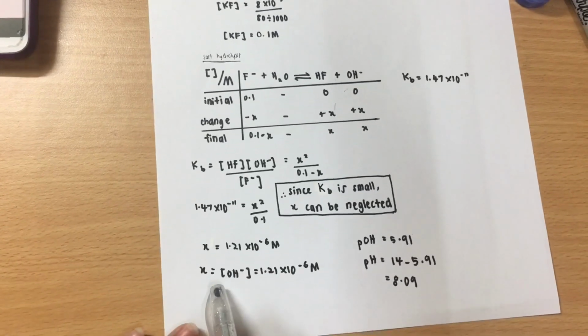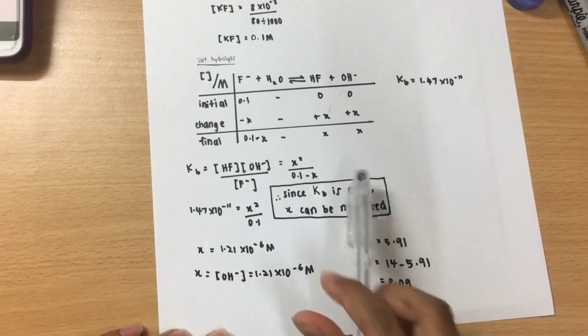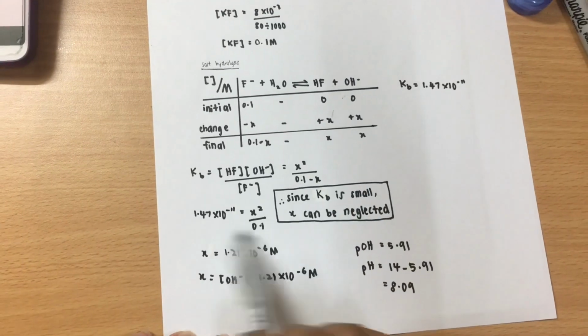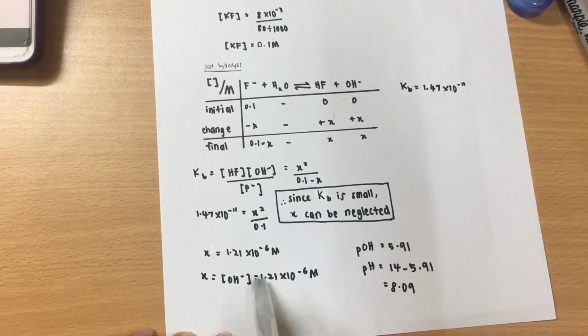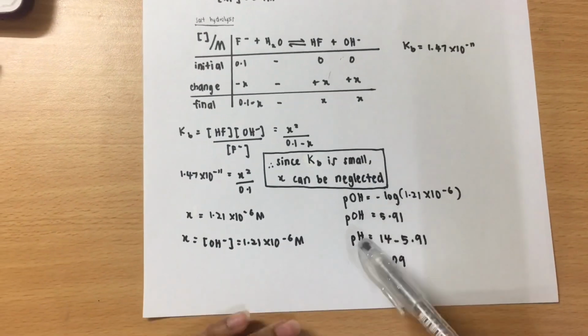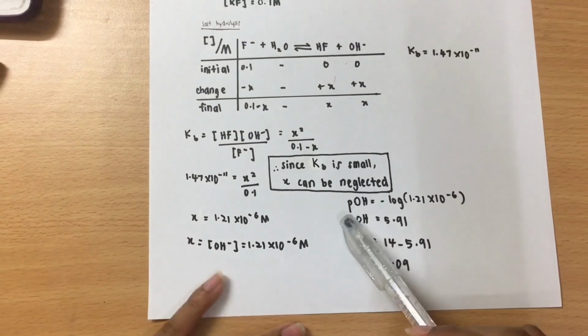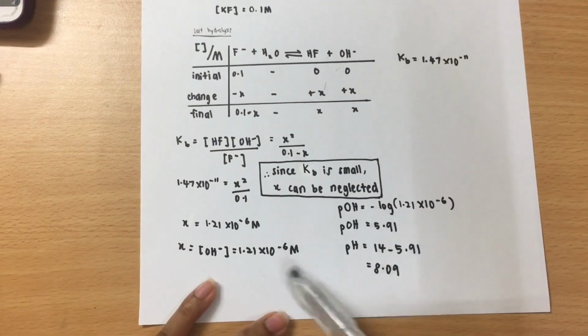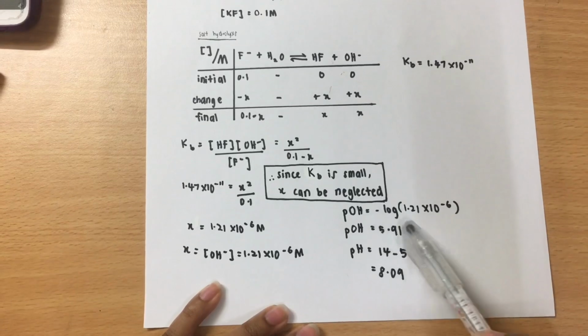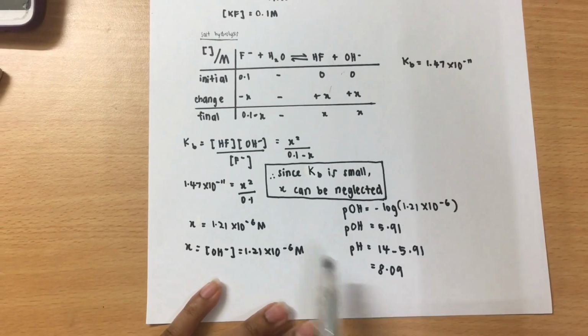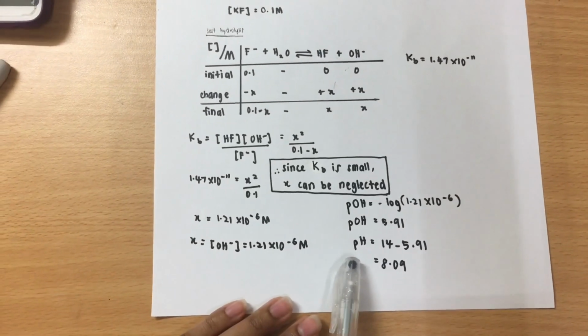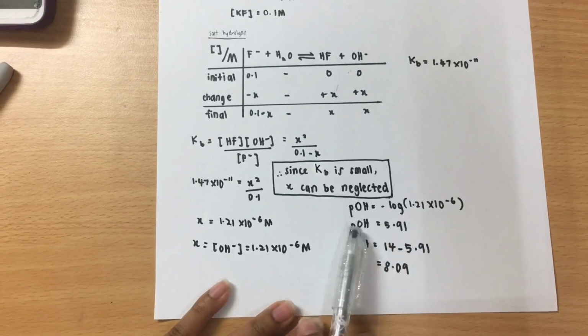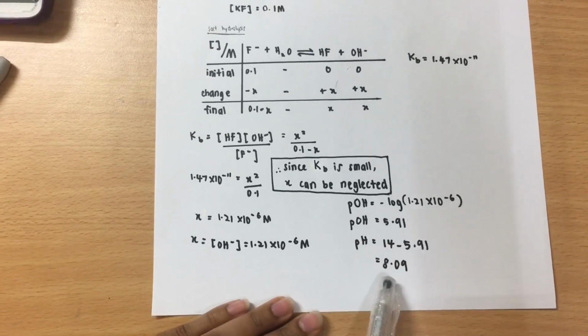So the concentration of OH minus is the value of X. Then we calculate the pOH, which is the negative log of X, and we get 5.91. After that, we calculate the pH, which is 14 minus pOH, and then we get 8.09.